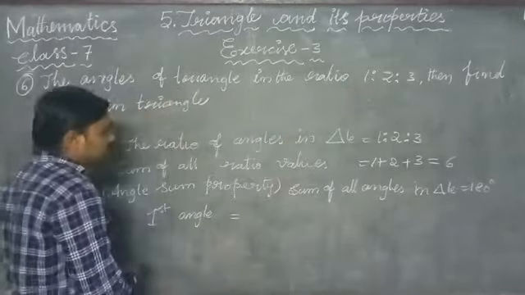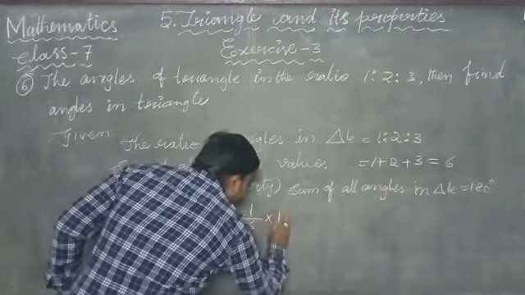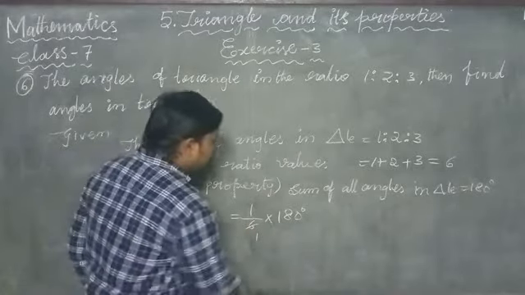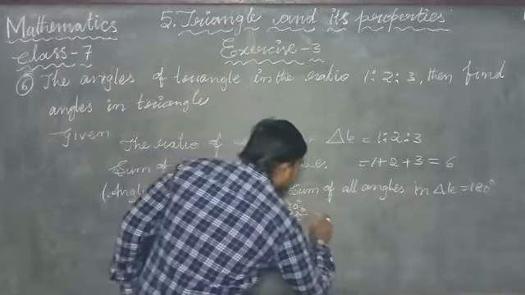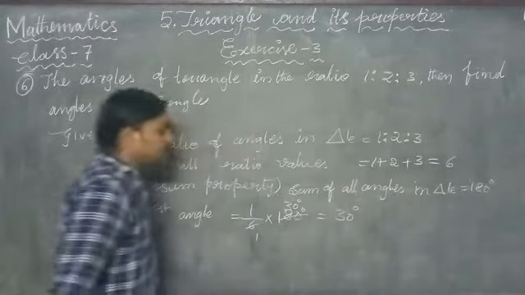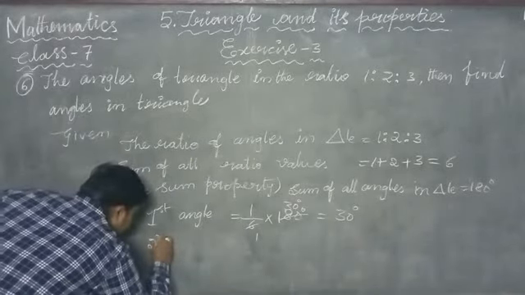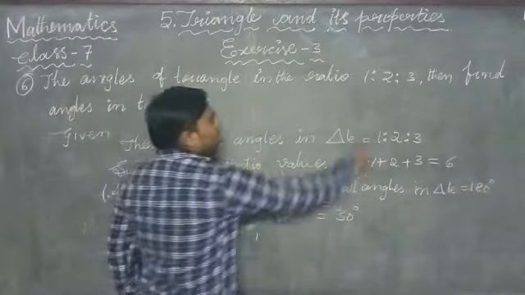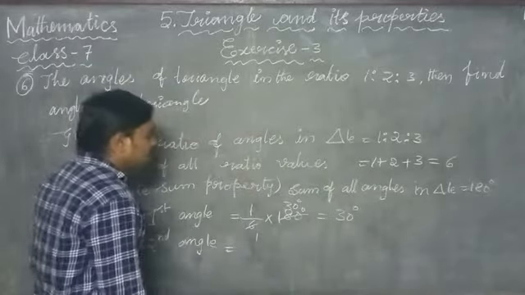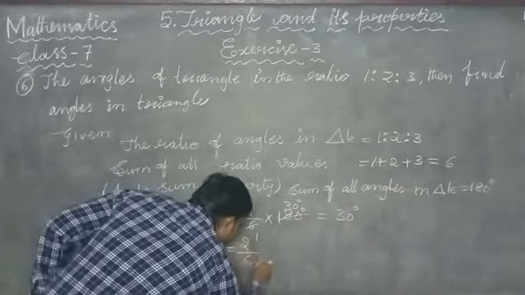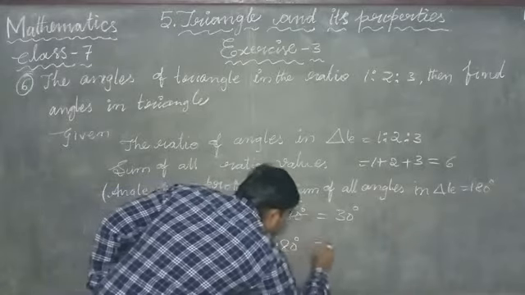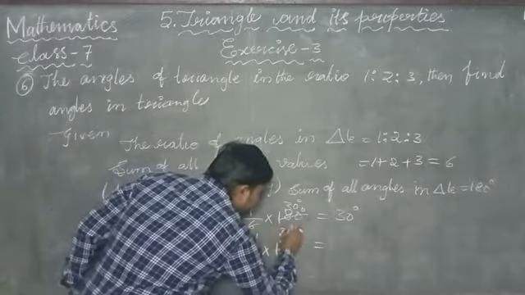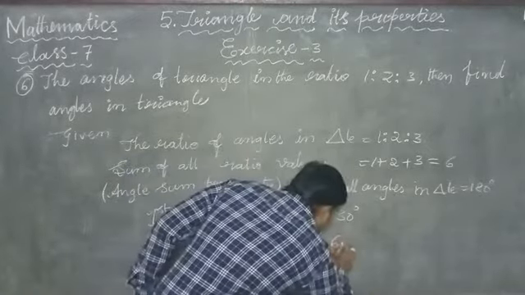Here one part out of 6 parts, that means 1 by 6 into 180 degrees. 6 ones are 6, and 6 thirties are 180. It means the first angle is 30 degrees. The second angle is 2 parts out of 6 parts, then 2 by 6 into 180 degrees, which is 2 into 30, that means 60 degrees.